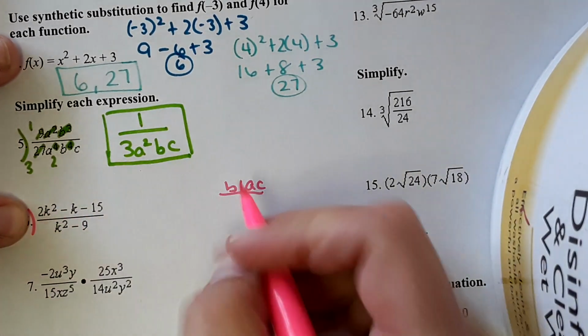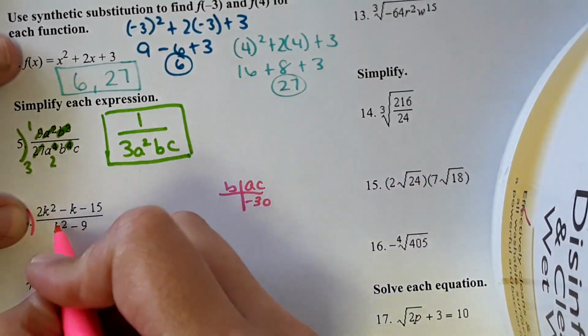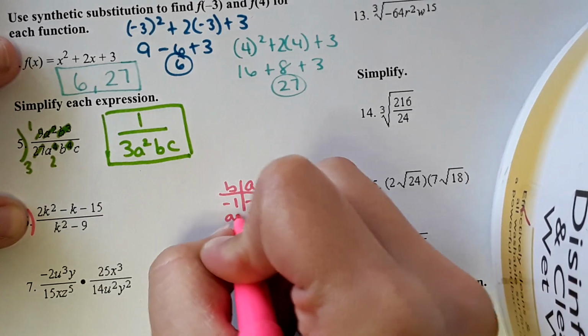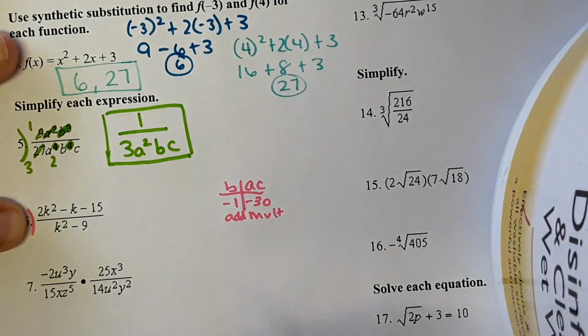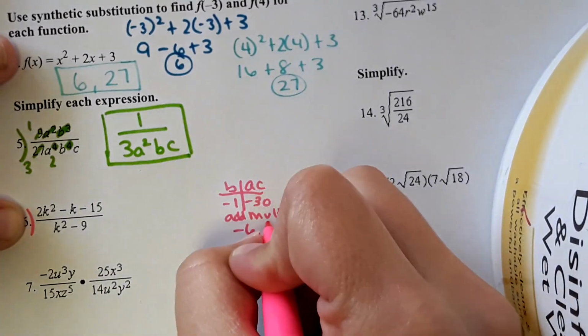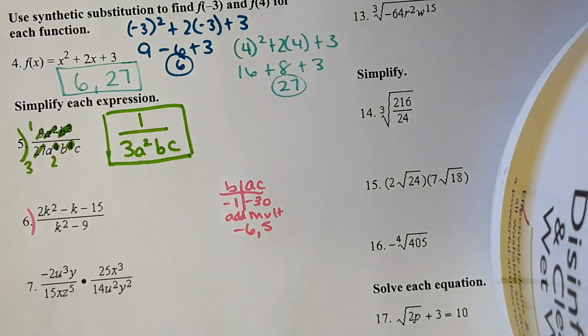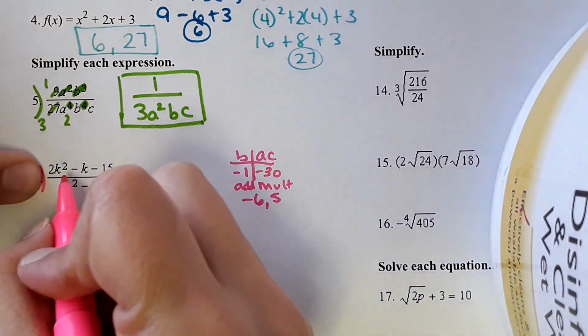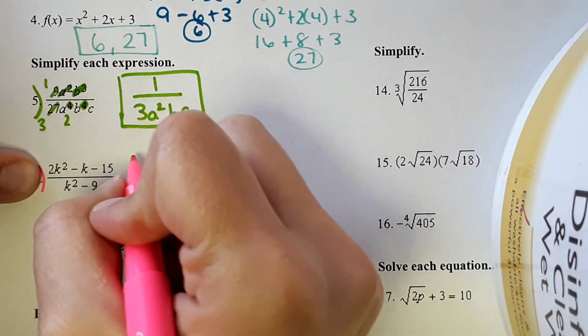So a times c would be -30, and b is -1. You need 2 numbers that multiply to this and add to this, and that would be -6 and +5. And so now I'm going to factor this out.